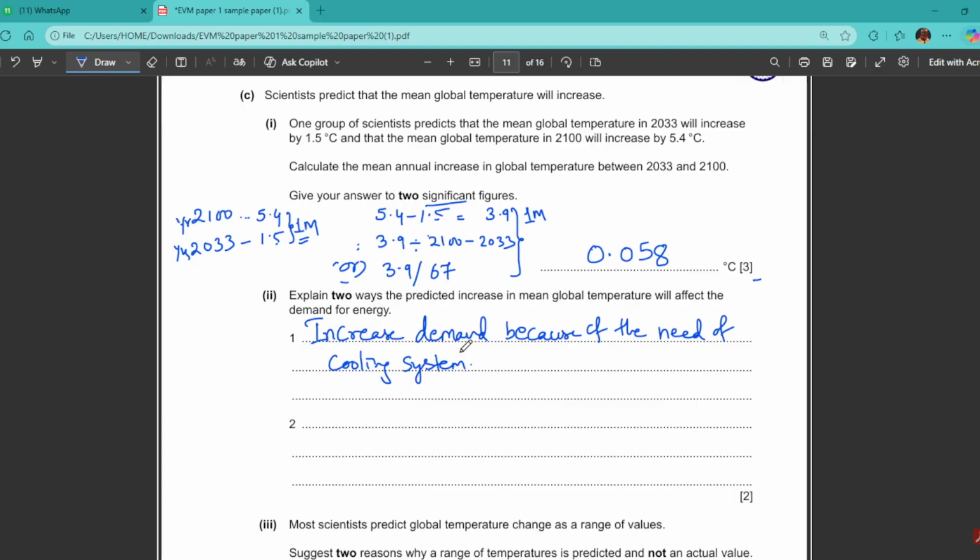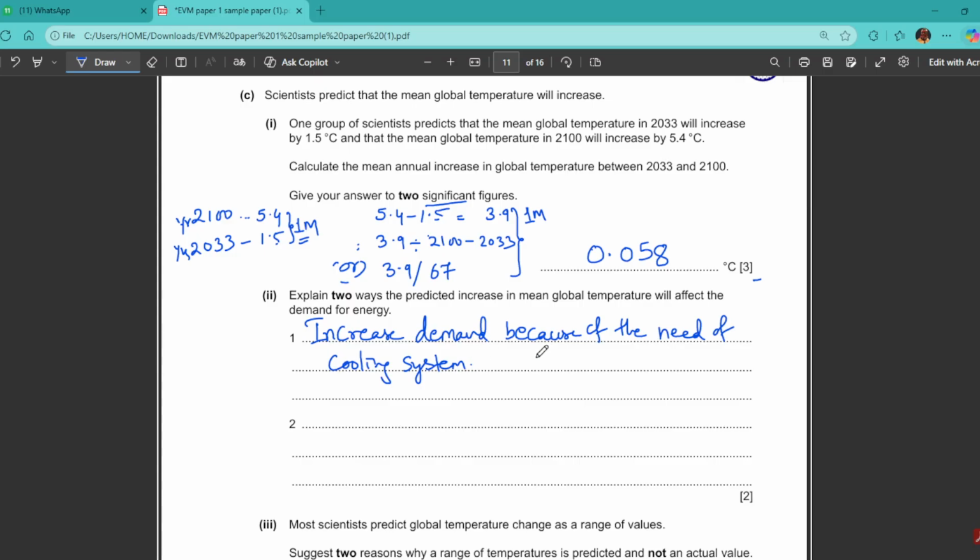Now when the temperature increases, of course you need to take ACs, you need to buy something which is going to cool down the temperature of the house, right? Presently, air conditioning can put a lot of load on the electricity, so increased demand of energy will be there, right?